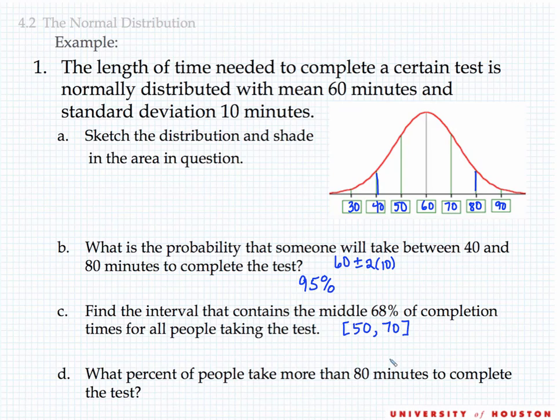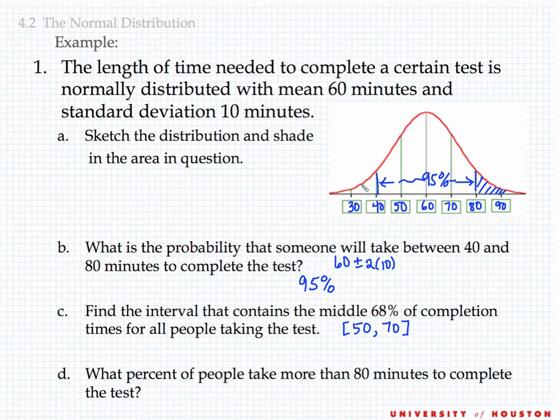What percent of people would take more than 80 minutes to complete the test? More than 80 minutes would be the tail shaded right here. Well, between 40 and 80, we said that this was 95%.